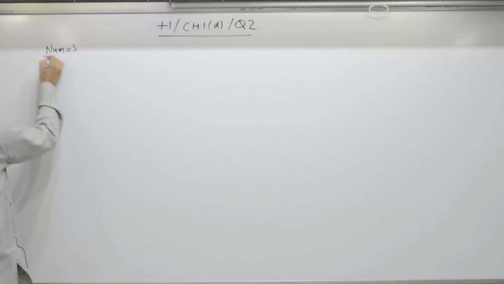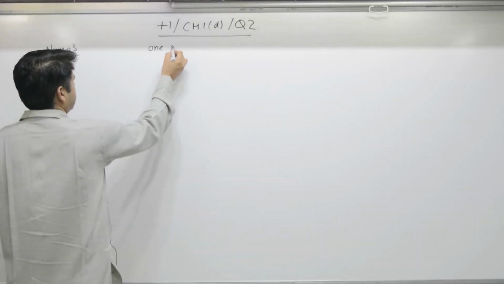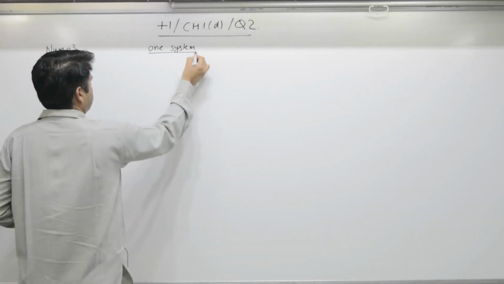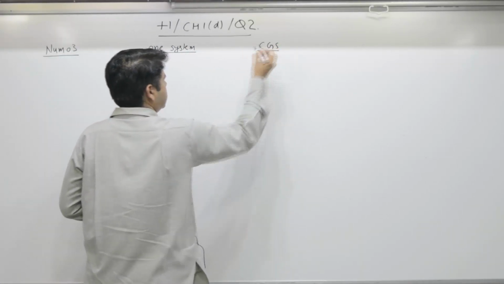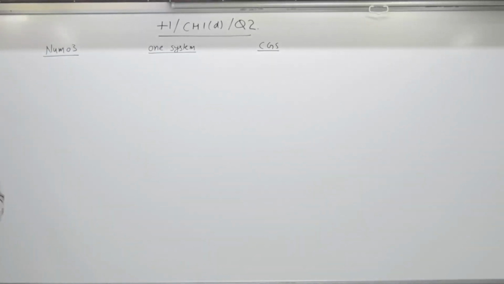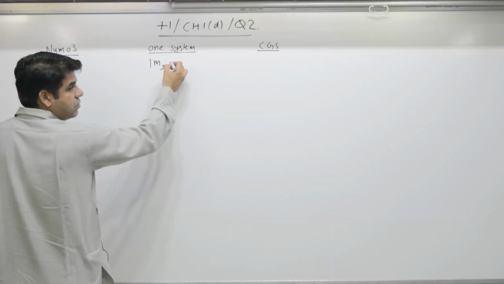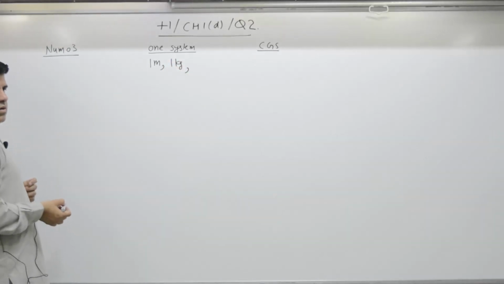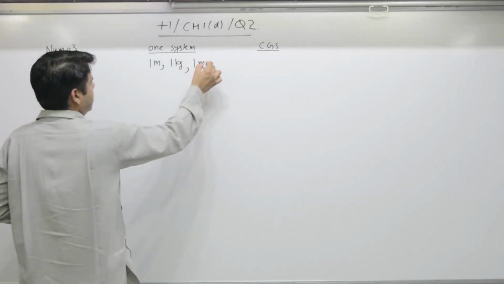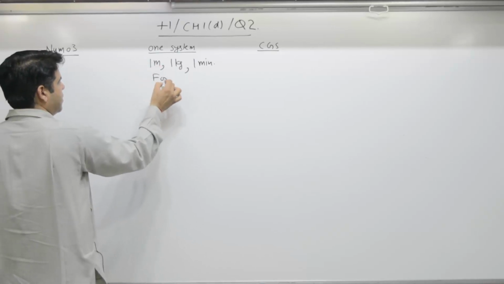Numerical 3. One system, another system, CGS. In this system, 1 meter is length, 1 kg mass, 1 minute is time, and on this system force is 36.